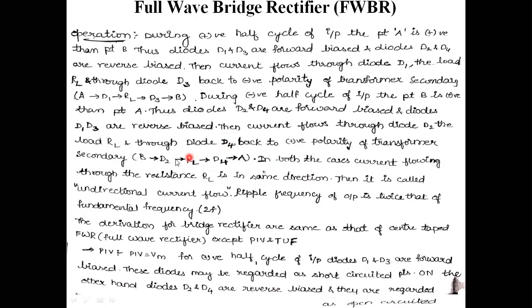That is A, D1, RL, D3, B. This is for the positive half cycle.